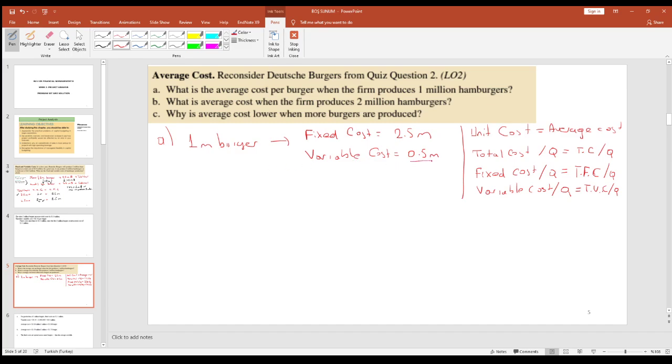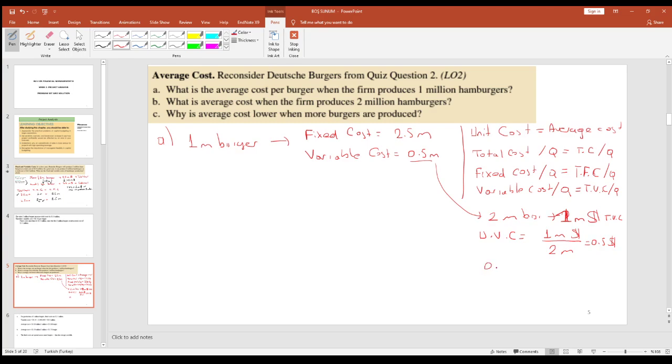How to find this? Let me explain here. If you remember that for 2 million burger production, we need $1 million variable cost, total variable cost. So unit variable cost was $1 million divided by 2 million, which is equals to 50 cents per burger.